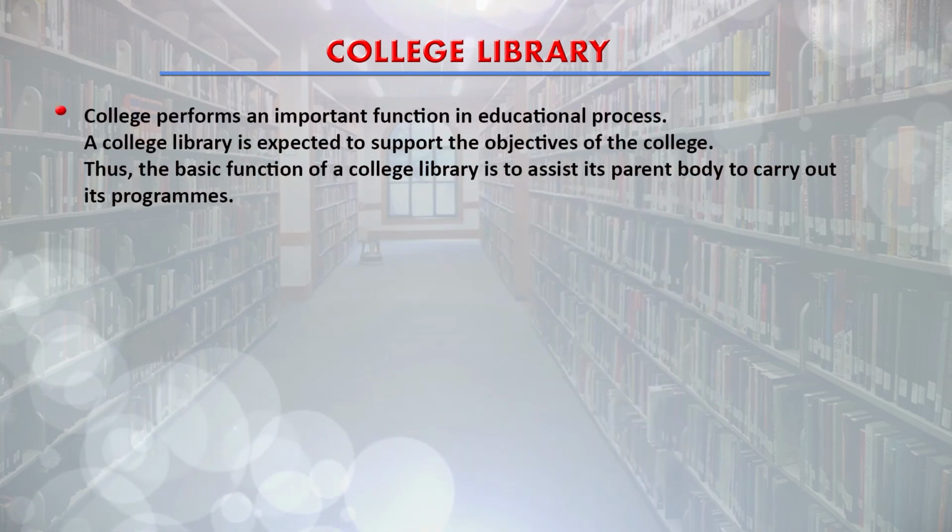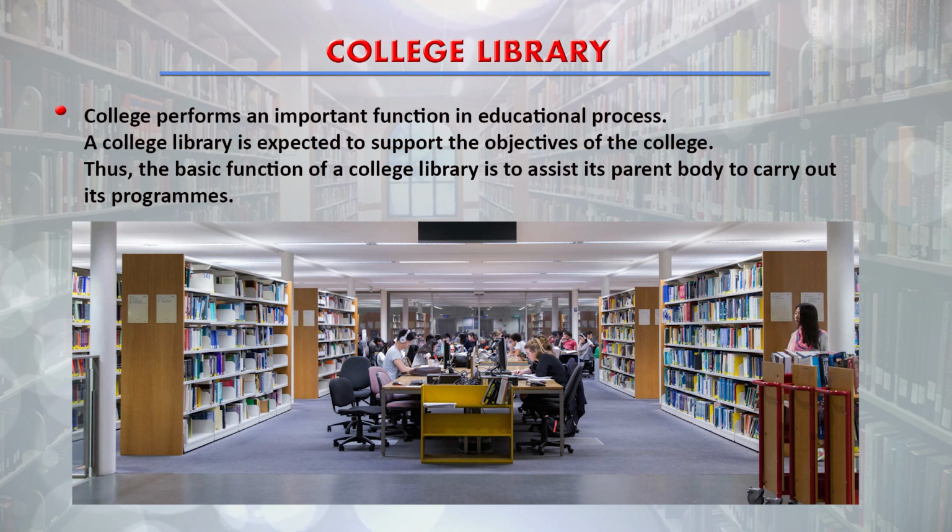College libraries perform an important function in the educational process. A college library is expected to support the objectives of the college. Thus, the basic function of a college library is to assist its parent body to carry out its program.